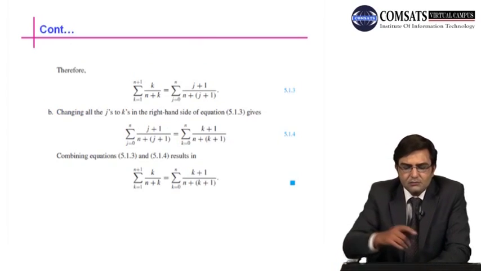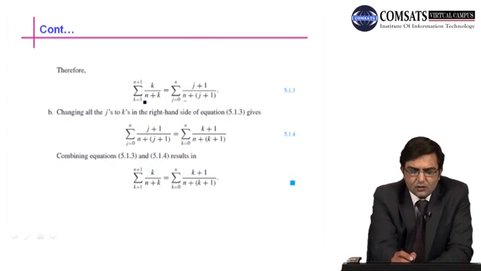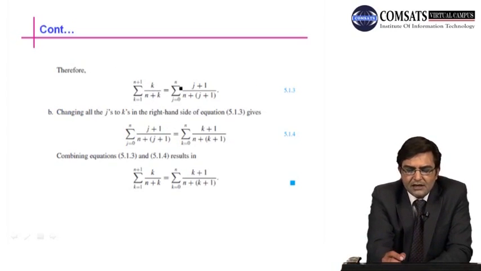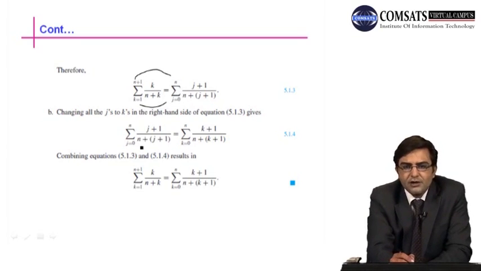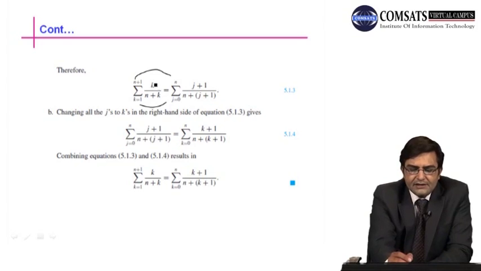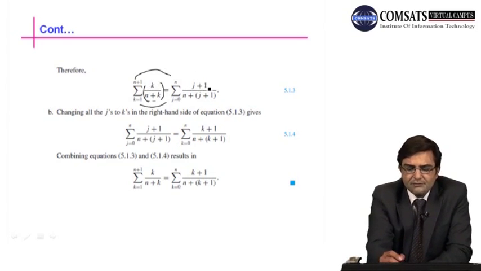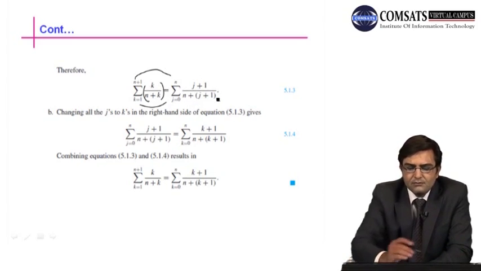So the whole summation k is equal to 1 to n plus 1, k over n plus k, becomes summation j from 0 to n, because the lower limit has been transformed to j is equal to 0 and the upper limit transformed to n, and the general term of this summation has been transformed to j plus 1 over n plus j plus 1.